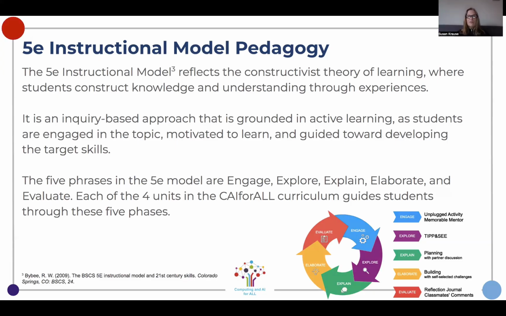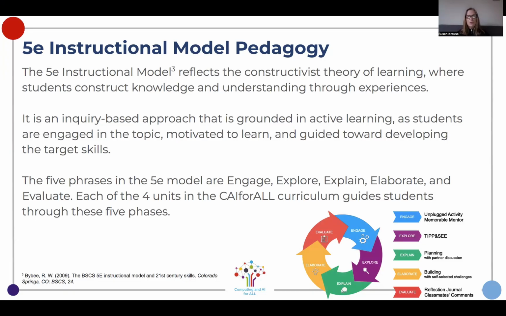In the elaborate phase, the students use the planning pages to build from scratch their unique Scratch project to demonstrate the knowledge that they've learned on this CS concept.